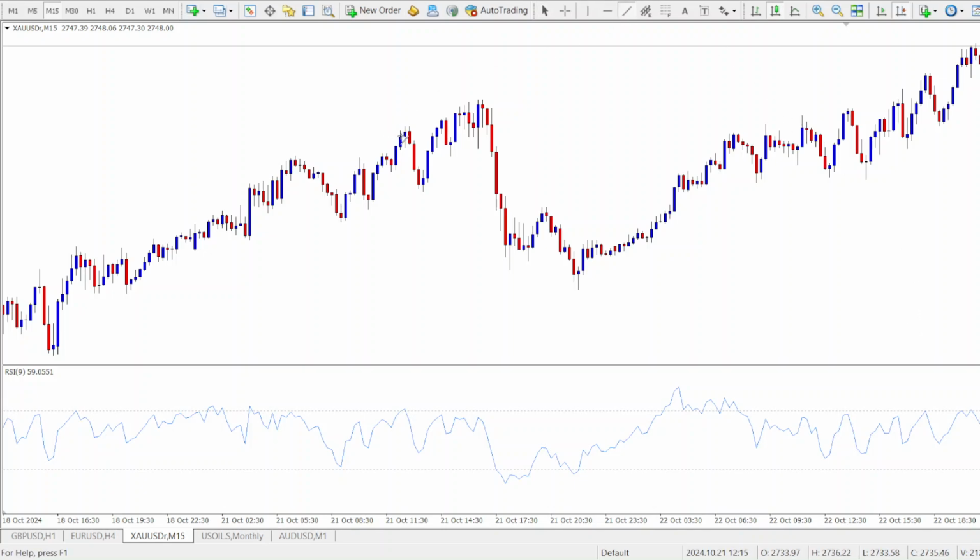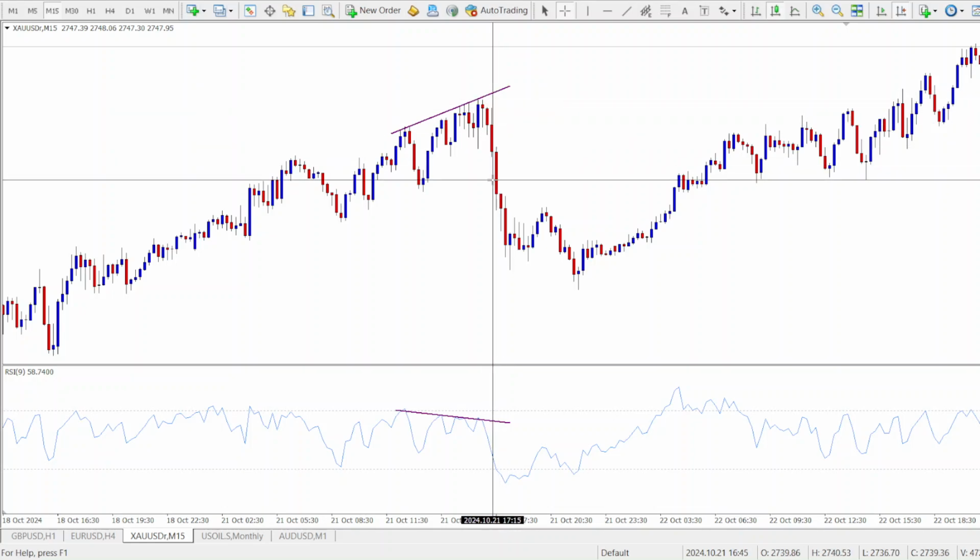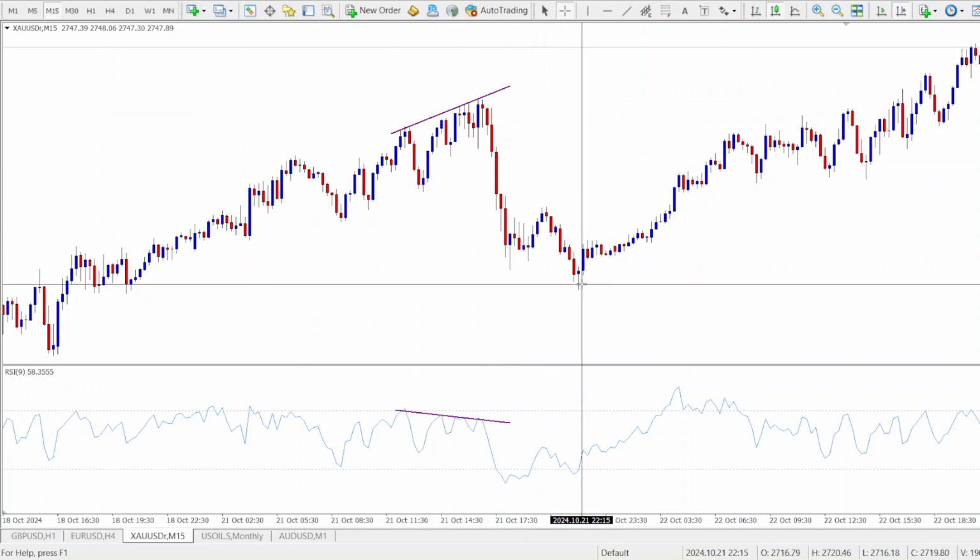For example, we can see that it happened around here. The price was making new highs. We can see that the RSI had lower highs. Can you see that? And just shortly afterwards, we saw what happened. We saw a dip all the way to this point.